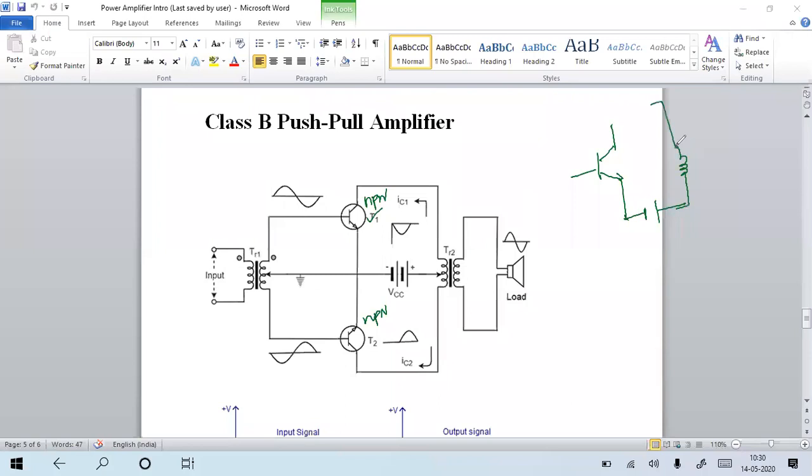Here you see it is connected like that, so the collector is connected to the positive. Here also, NPN transistor only. So for an NPN transistor, the emitter terminal has to be connected to the negative terminal of the battery and the collector terminal has to be connected to the positive terminal of the battery, right? In the same way, the collector terminal is connected to the positive terminal of the battery with the help of one coil. This coil is mutually coupled with the load.